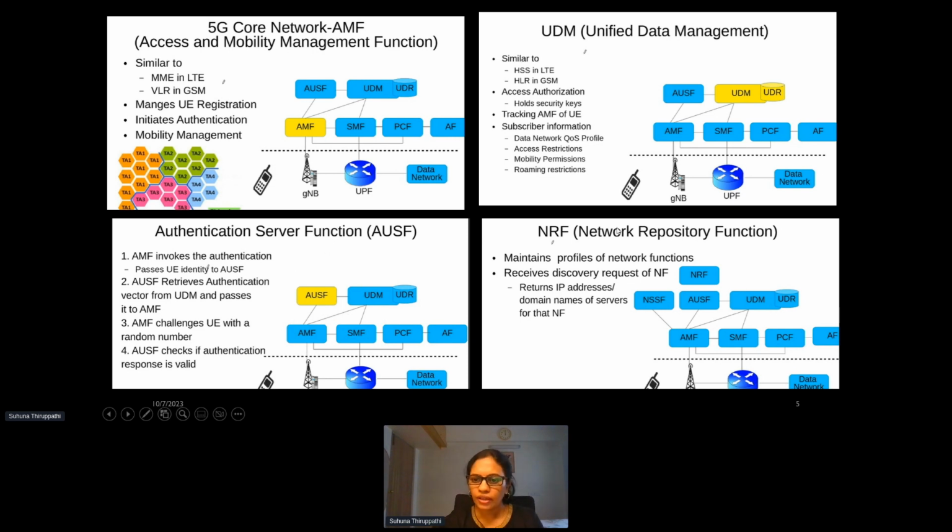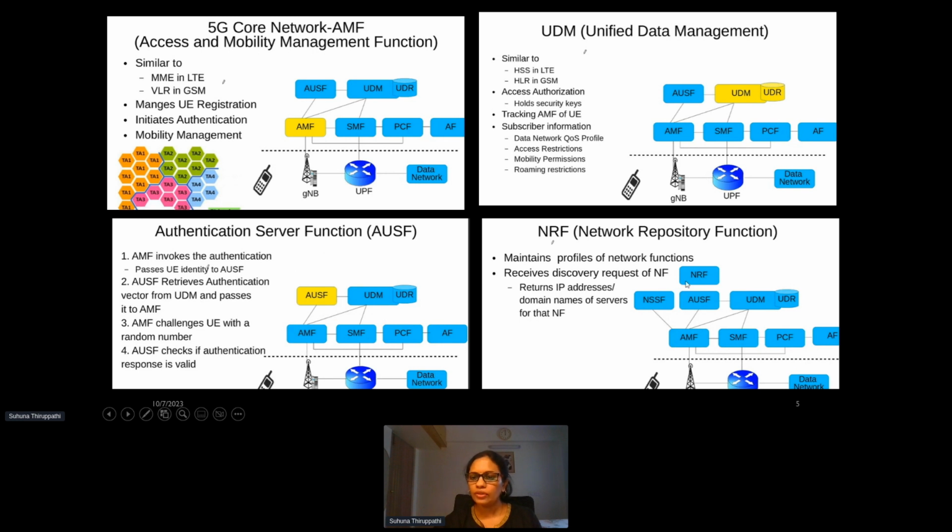Let me get into NRF. NRF is the Network Repository Function. Here, as you see, there are various network functions. Each function's profile is maintained by the Network Repository Function. For example, if the network slicing function wants to talk to the AMF, first it fetches the AMF details via NRF, because all this profile information and discovery is done by NRF.